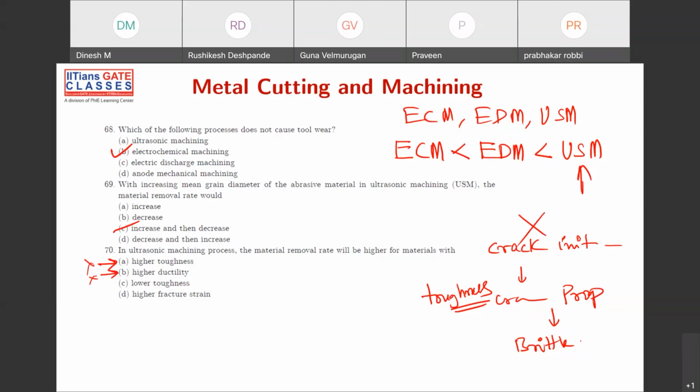If you have lower toughness, it will lead to fracture immediately because the energy absorption is not good. With low toughness, the crack is initiated fast, then propagated, then brittle fracture. So more removal rate will happen in the case of lower toughness material. Is the concept clear?